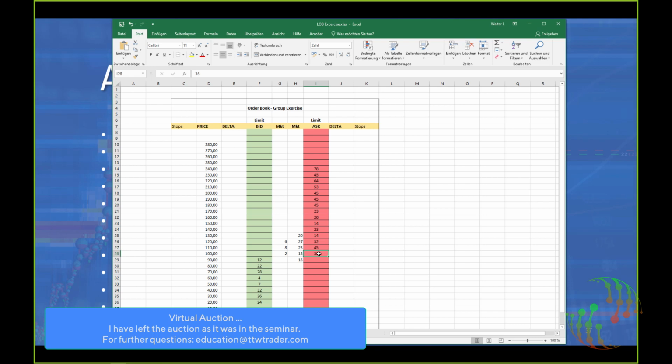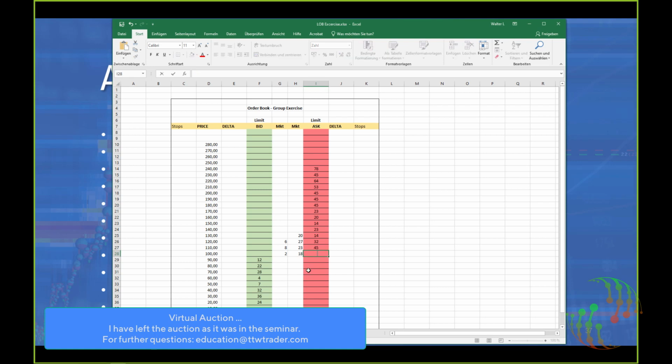Oh, this was a little bit too fast for me. George buys 18 at 100. I will process your 20s at 100 because this is a good example.